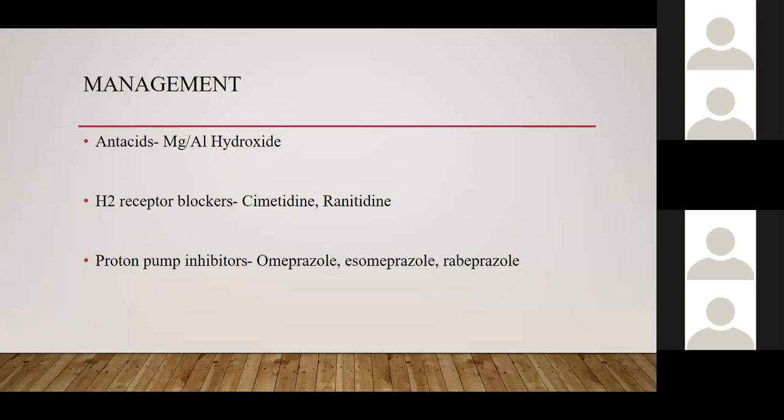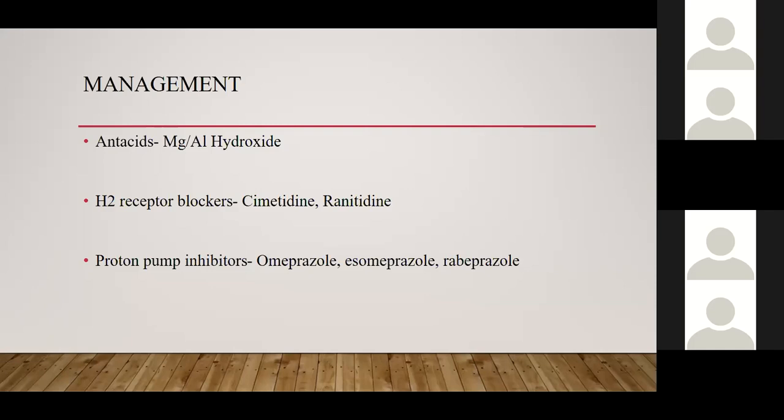These H2 receptor blockers and proton pump inhibitors are basically supposed to limit the acid. Once the mucous membrane has become compromised, you need to reduce the hydrochloric acid production because that would make the gastritis worse. Sometimes we put our patients on antacids, so magnesium, aluminum, hydroxide.